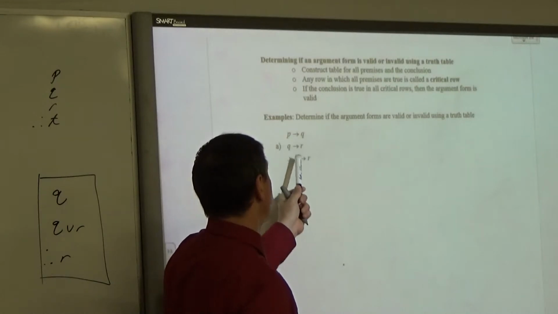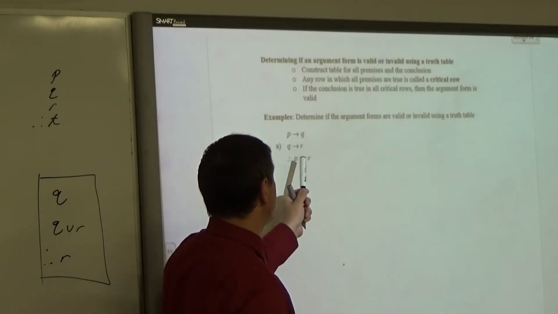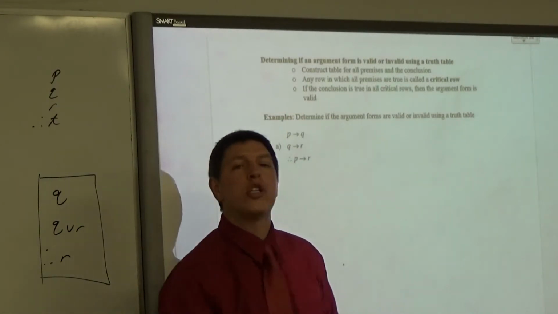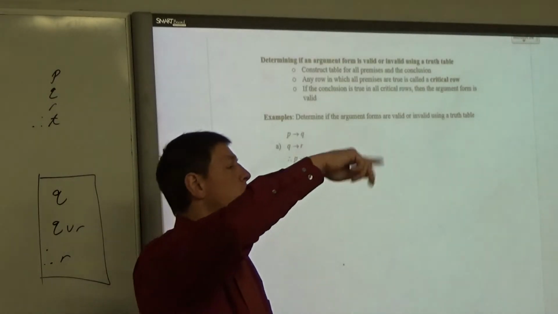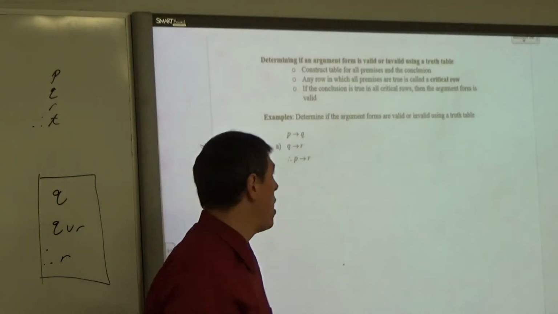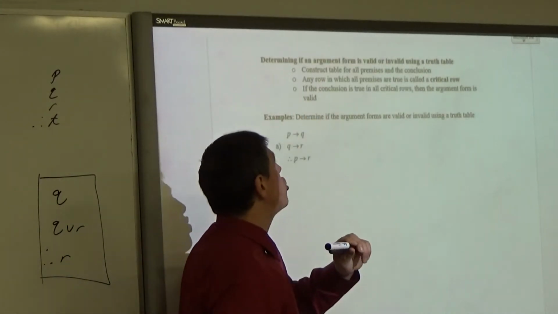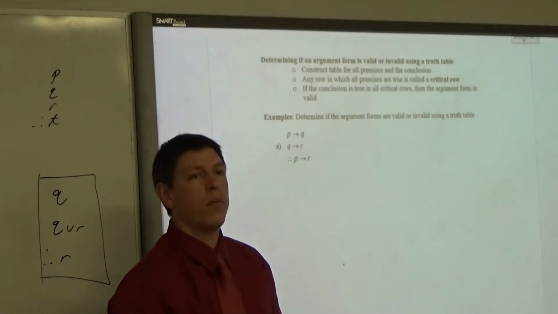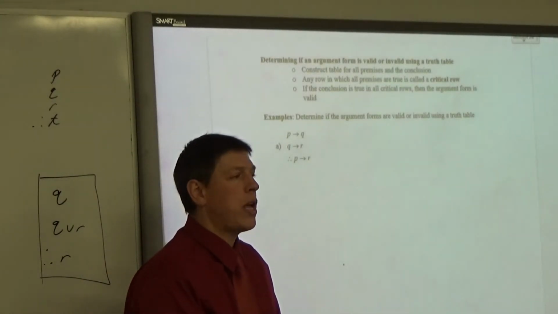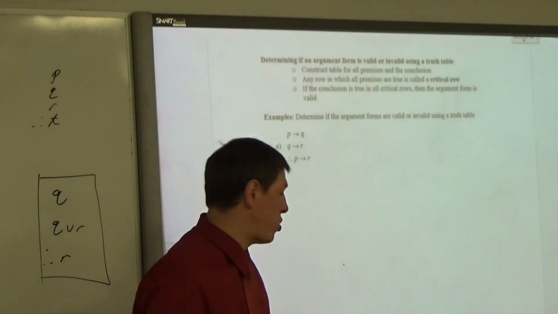So we just make a truth table for all three of these statements. Any row in which the premises are true is called a critical row. So basically, I'm going to put a box around the critical rows. If the conclusion is true in all critical rows, that is a valid argument form. So if you can make a truth table, you can do these problems very easily.